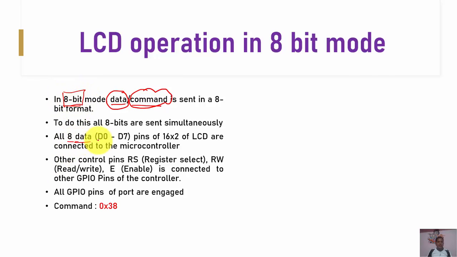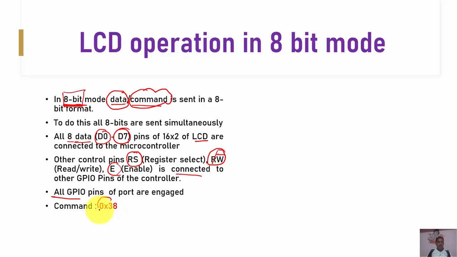All 8 data lines, D0 to D7 of the LCD, are connected to the 8051 microcontroller. The control pins, register select RS, R/W bar for read or write operation, and enable, are connected to single GPIO pins. Since data or command is forwarded in 8-bit format, all the GPIO pins of a specific port of the 8051 microcontroller are engaged.